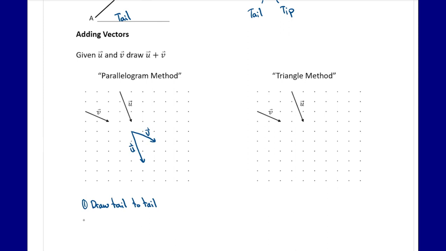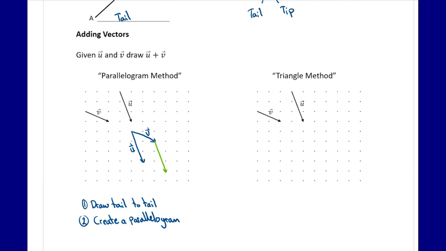The next step is to create a parallelogram. I'm going to assume that these are the two sides of a parallelogram. So what I need to do is copy those two sides. Parallelograms mean opposite sides are parallel, so I'm going to copy those two from this point.